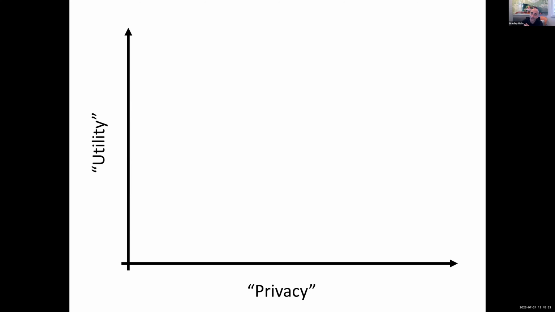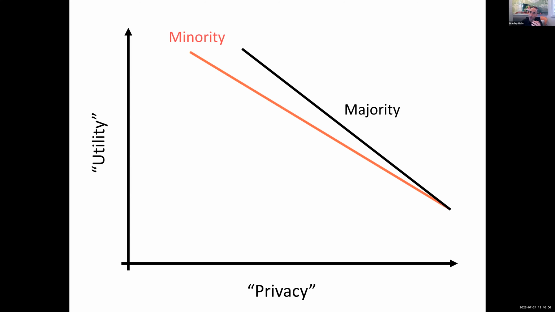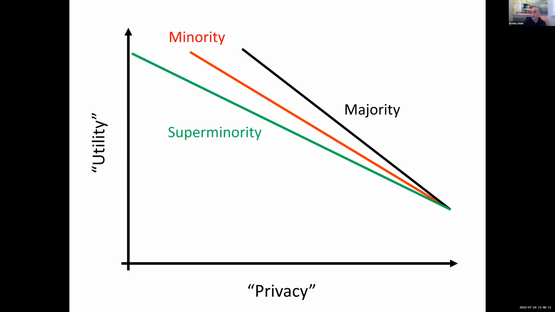The way we think of this in terms of like this utility privacy trade-off, in that you want more privacy, you're going to have to trade off some utility, but this is how things would look for a majority population. It's a much steeper trade-off for a minority population, and then it's an even steeper trade-off for a super minority population.